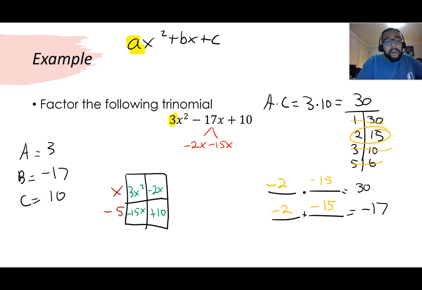Totally fine, you know. Okay, now go to the first column, 3x squared minus 15x. Can I take out any coefficients? Well, between 3 and negative 15, I can take out 1. I can take out 3. 3 goes into 15. So I'll take out 3. Can I take out any x's here? I can. I can take out 1x.